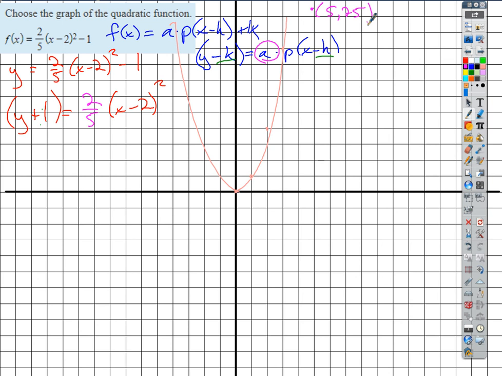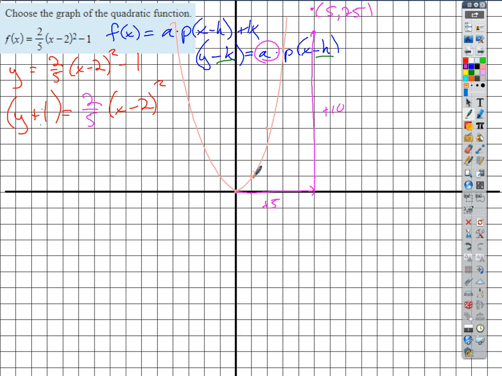10. So we're going to go over 5, and instead of going up 25, we just go up 10, right? So I don't know if I even could go that far. 1, 2, 3, 4, 5, 6. There we go, right there, right? So there's going to be that point, and this thing's going to get squished down quite a bit then, isn't it?